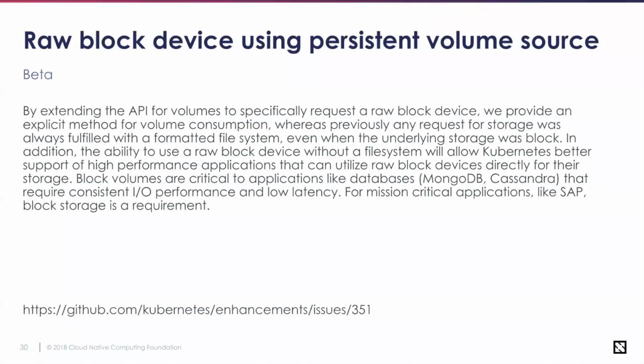This feature was added as alpha a few releases ago and has finally graduated to beta and is supported by a handful of in-tree volume plugins. It's also supported in CSI as alpha, but basically it allows a raw block device to be exposed directly inside your container. So some databases are optimized to use raw block devices, and you may have some application that for some reason prefers to access block directly.